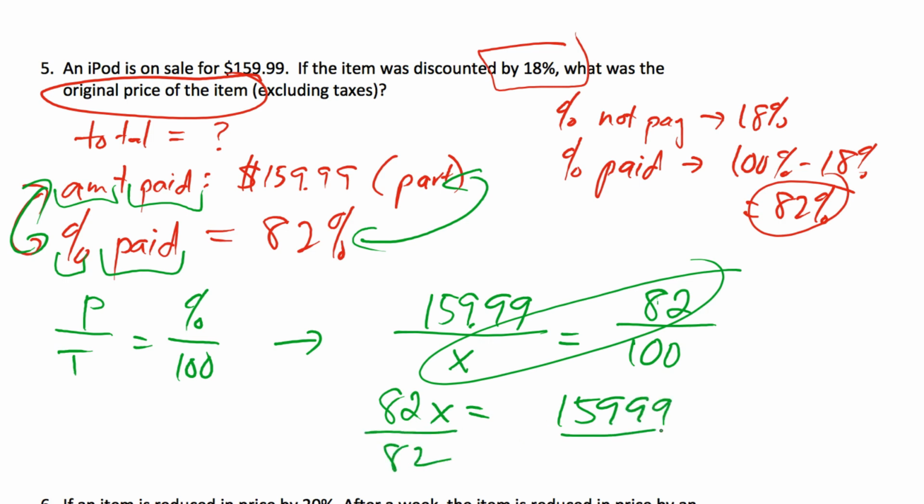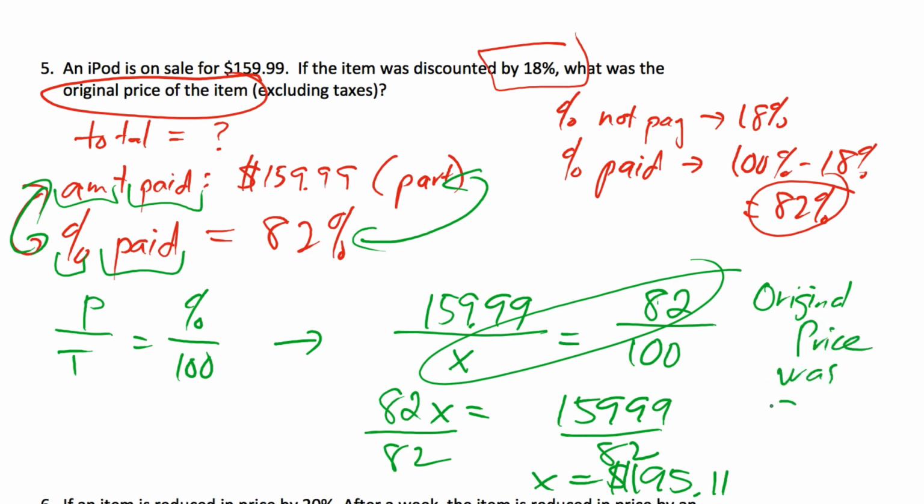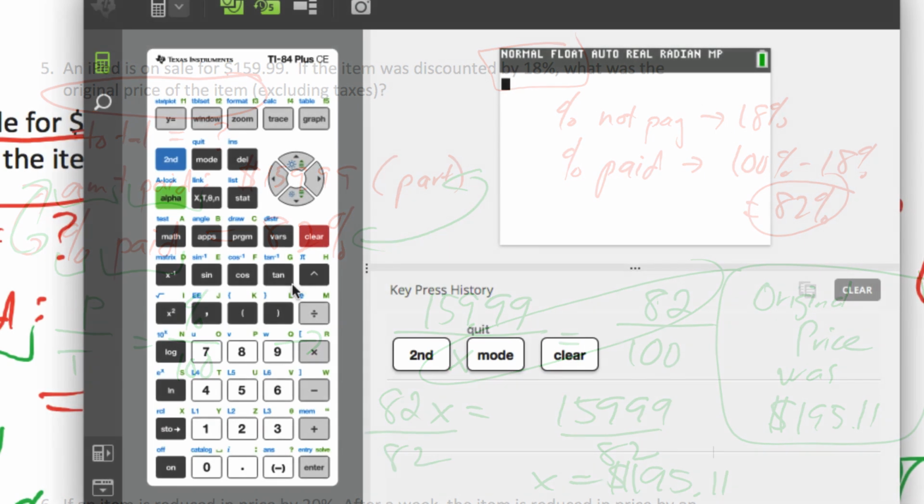We'll divide by 82. And that will give us $195.11. So the original price of the iPod was $195.11.